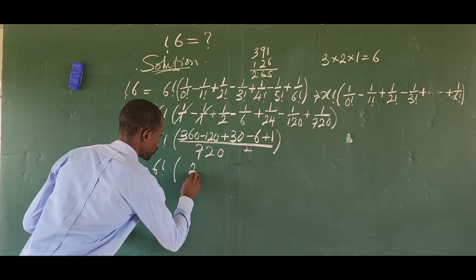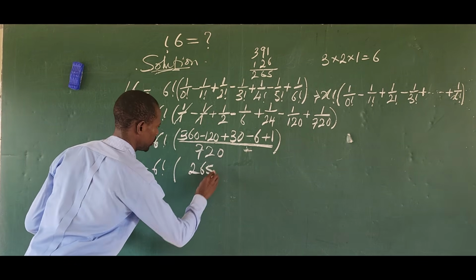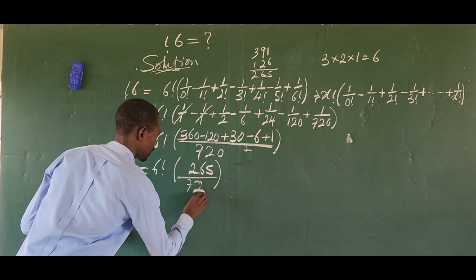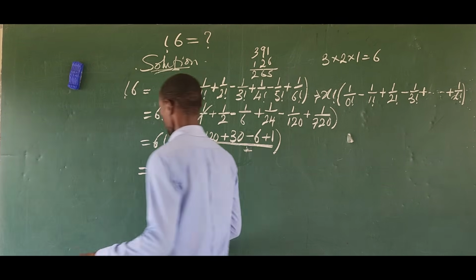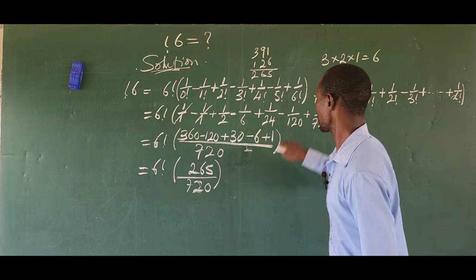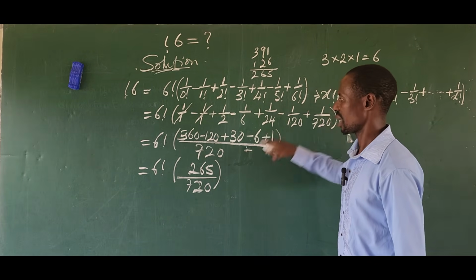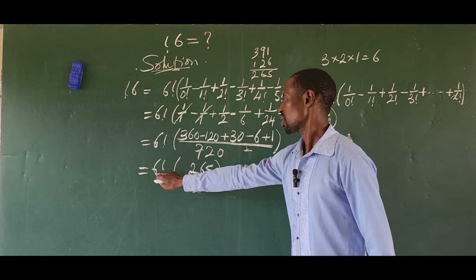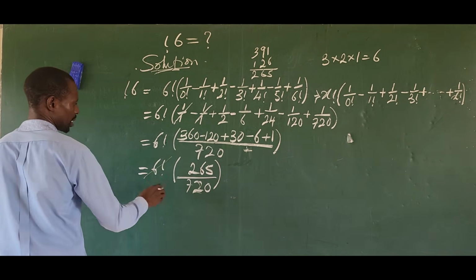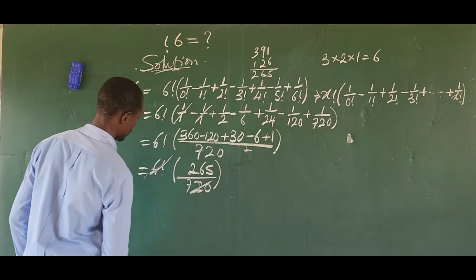So we have here 265, those brackets, all over 720. Okay, 720. Now, mind you, what is our 720? Our 720 is our 6 factorial. And so we have 6 factorial here. So this is equivalent to 720, right? Good. So this and this will leave the system.